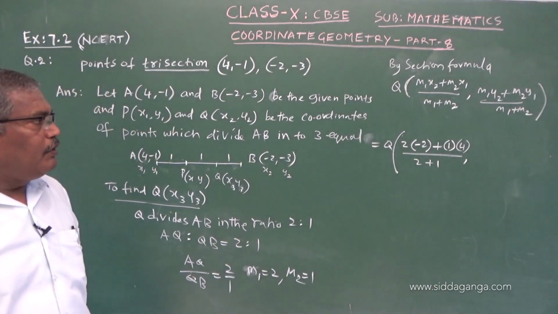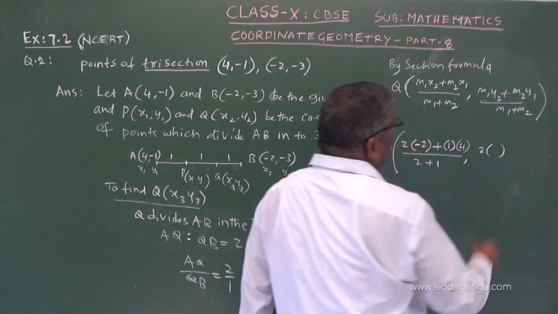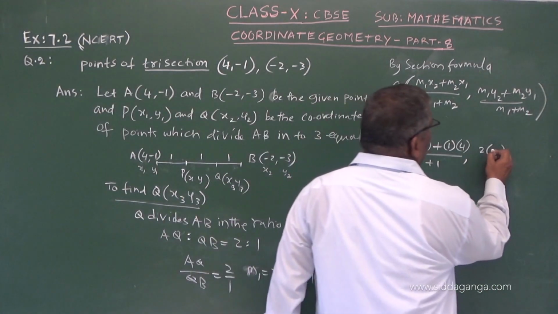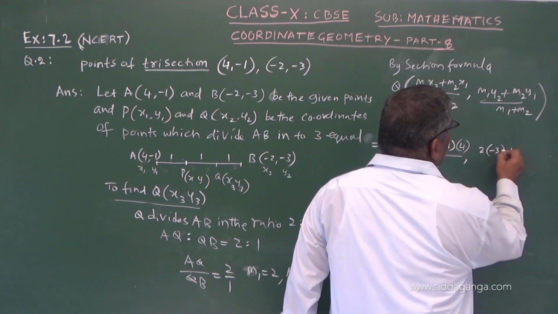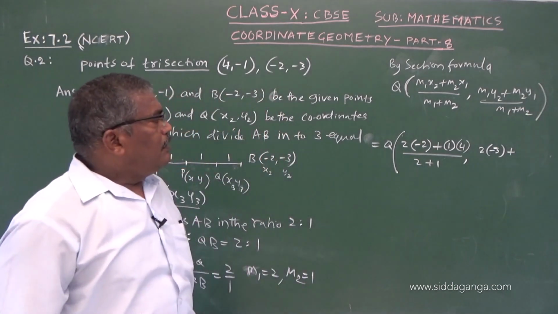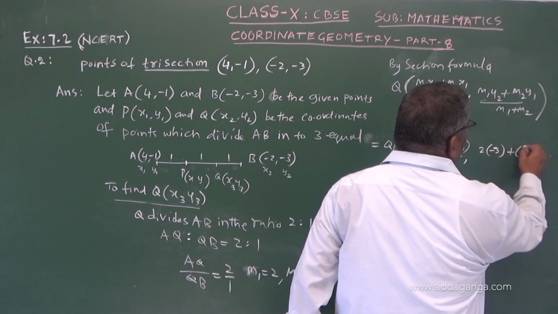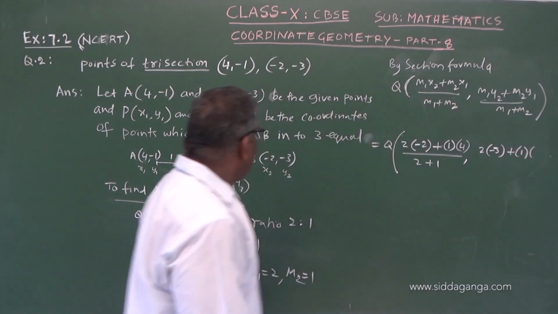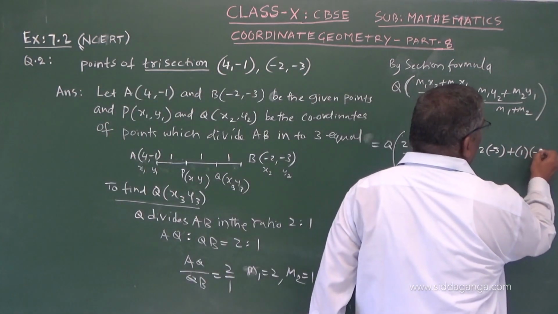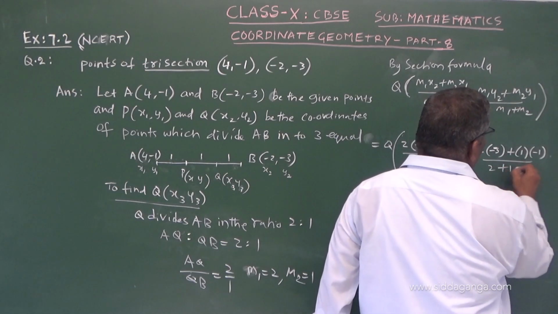Now M1 y2: M1 is 2, y2 is minus 3, plus M2 is 1 into y1. You can see y1 is minus 1, divided by M1 plus M2, that is 2 plus 1.